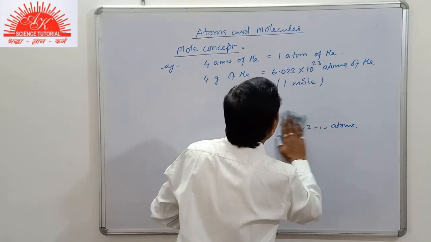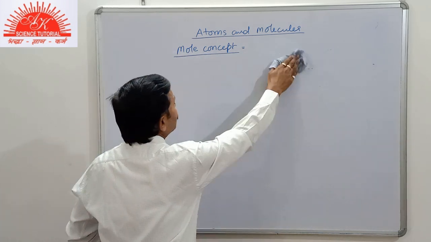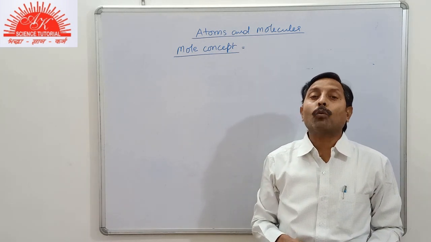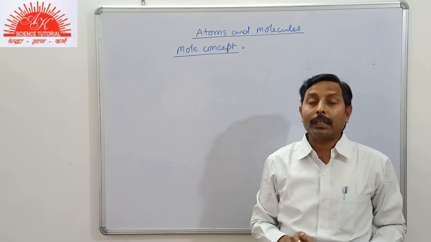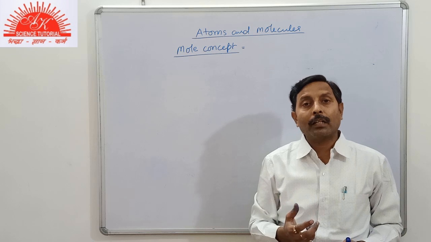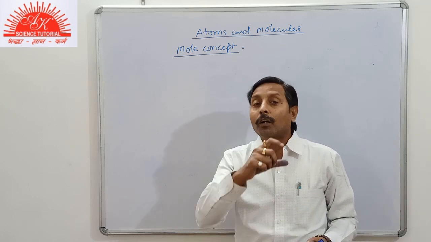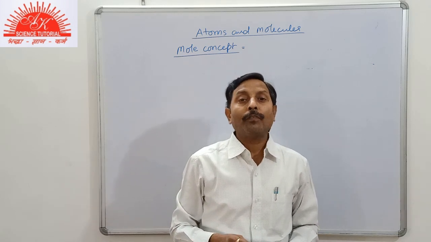Take more examples. Now you see, student, sometimes the number of atoms are required to be obtained in a molecule. In that case, if the molecule of a compound or element is given, then first of all find the number of molecules and then go for the number of atoms.